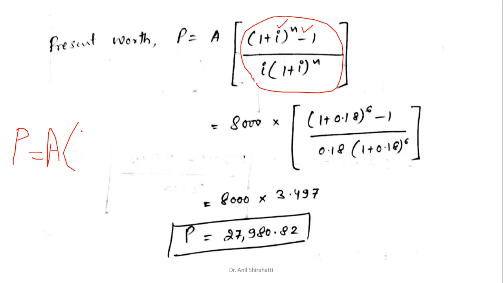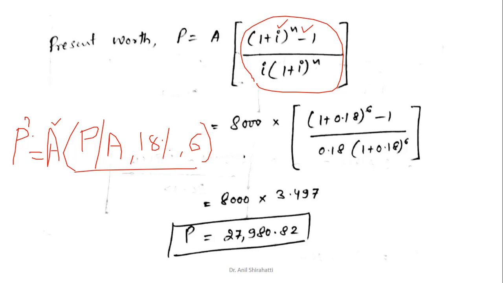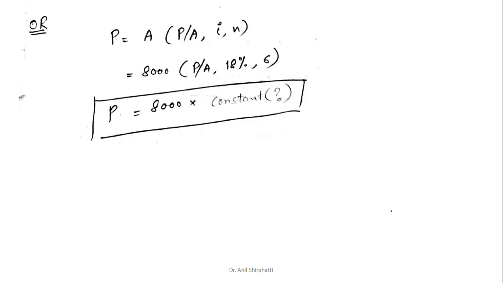Numerator is the unknown, that is P, divided by the known A. Comma I is 18%, and what is the period? N, that is 6 years. So if I find this constant value from the table and multiply with this A value 8,000, I will get approximately the same answer.